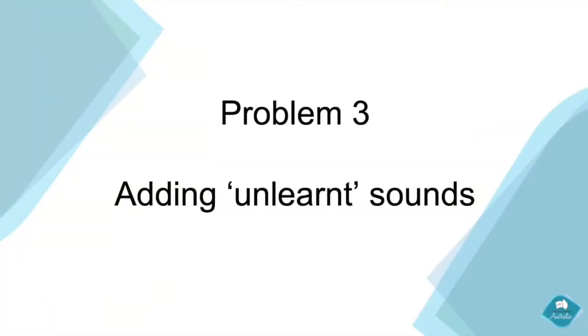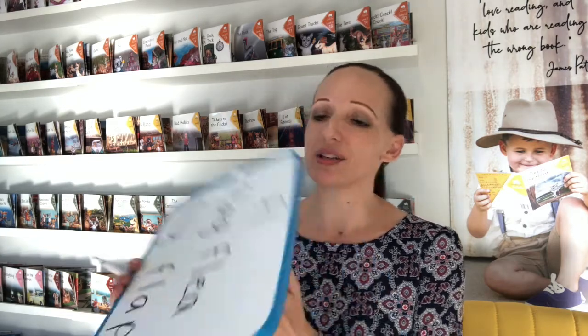Problem number 3, teachers adding unlearned sounds. Now, this is a personal experience of mine. Being in a classroom, I have seen teachers teach blends, and because they're teaching that particular blend, they've had to add other sounds that haven't been explicitly taught to be able to teach the blend. For example, let's have a look at the traditional thinking around the fl.